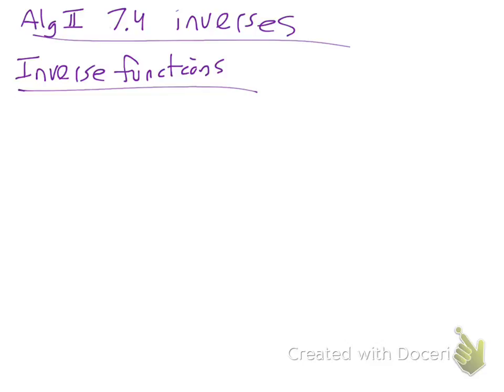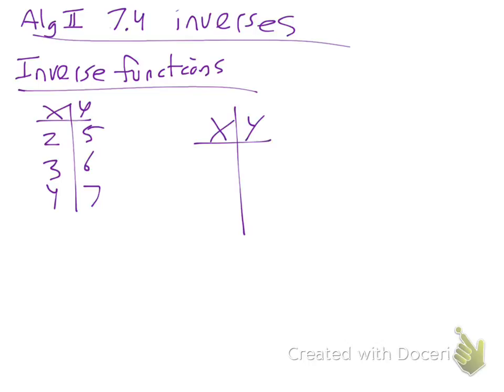So, the very first thing I want to talk about is, what if I was just given a chart with 2, 3, 4, and then 5, 6, and 7. If this was a function given to you as a table, what would its inverse table look like?